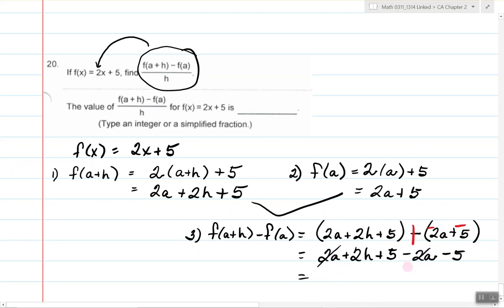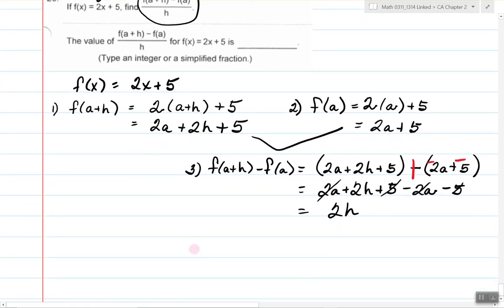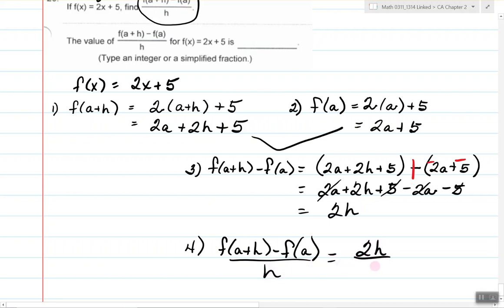The 2a's, the 5 and the negative 5, and I'm left with 2h. My step number 4 is to take f of a plus h minus f of a and divide it by h. That's 2h over h. Cancels out. We got 2.